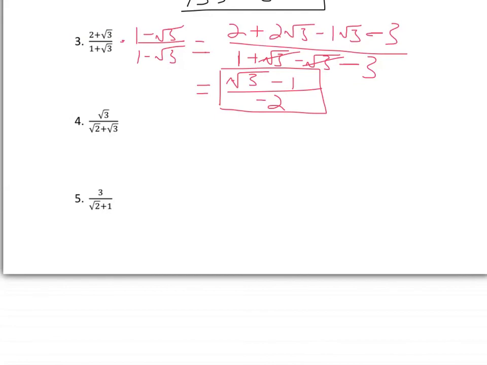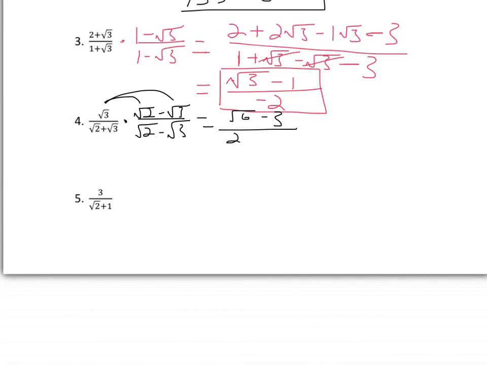Okay, number 4, same idea. Multiplying by root 2 minus root 3, root 2 minus root 3. Okay, up on top we're just foiling, so we'll have root 6 minus 3 over 2 minus 3.